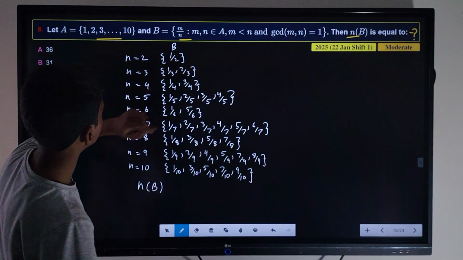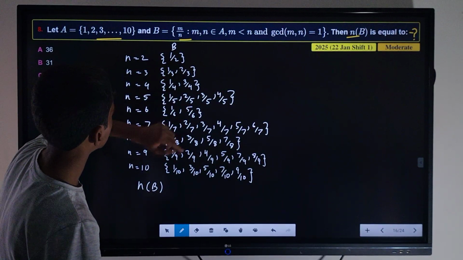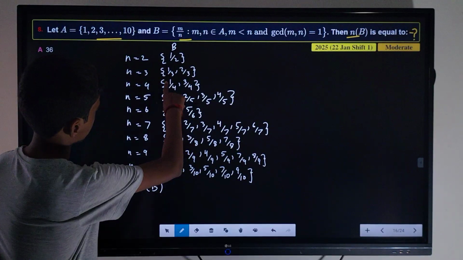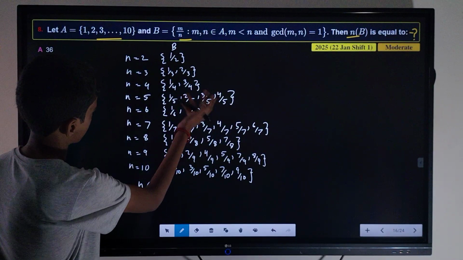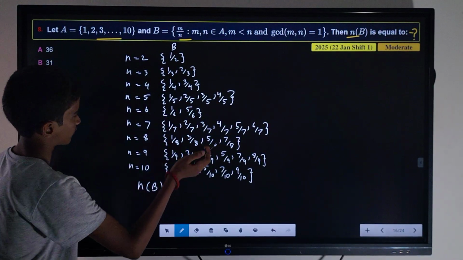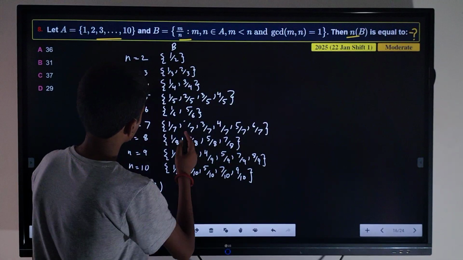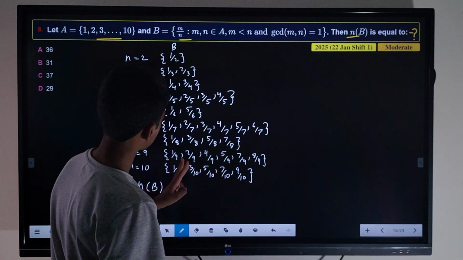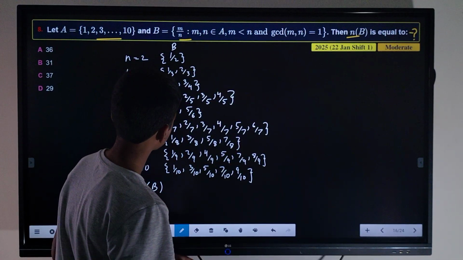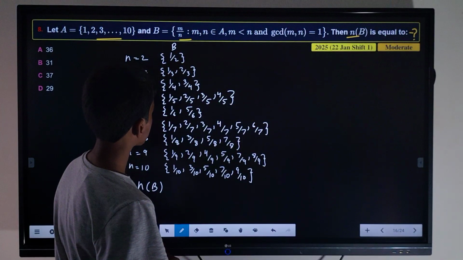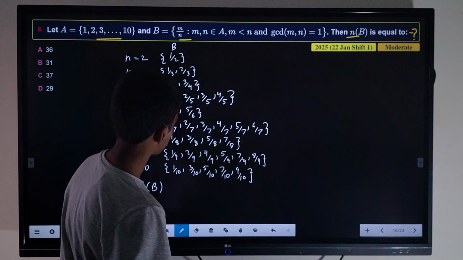N is equal to 2, 1 upon 2, N is equal to 3, 1 upon 3, 2 upon 3. 1 upon 4, 3 upon 4. 1 upon 5, 2 upon 5, 3 upon 5, 4 upon 5. 1 upon 6, 5 upon 6. 1 upon 7, 2 upon 7, 3 upon 7.